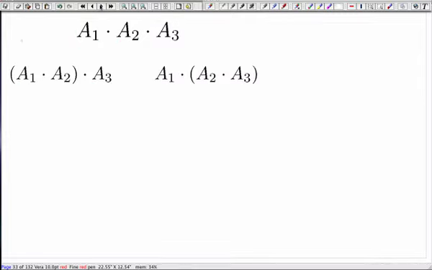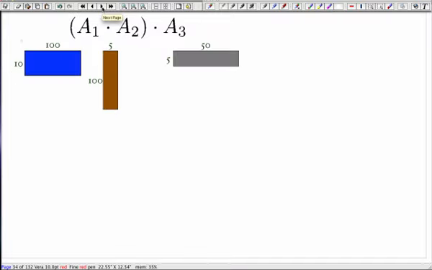Let me try to illustrate with an example here. Imagine A1, A2, and A3 are set up in this particular way. If we were to multiply these 2 first, we would create an intermediate array that's of size 10 by 5. And then we'd multiply these 2. Let's figure out how many operations this would take. This would take 10 times 100 times 5 in order to multiply these right here.